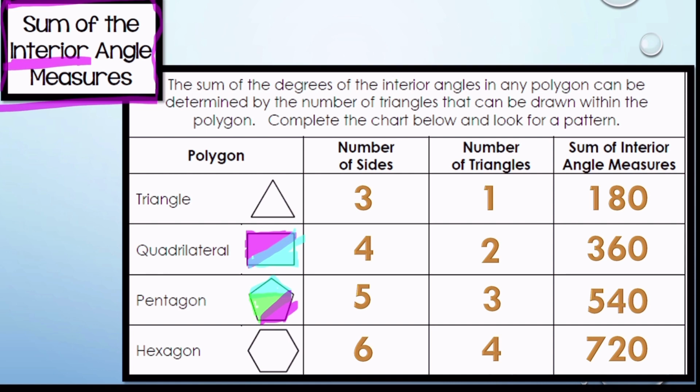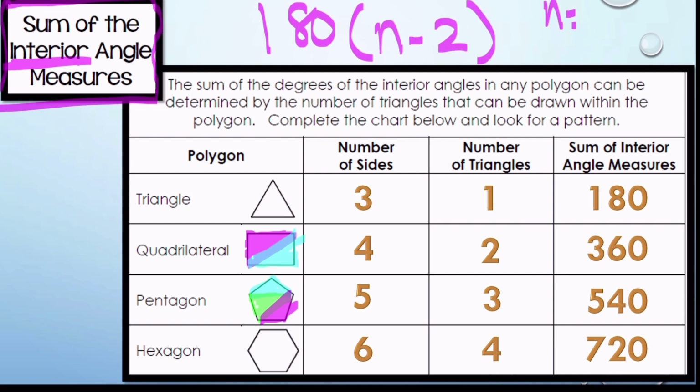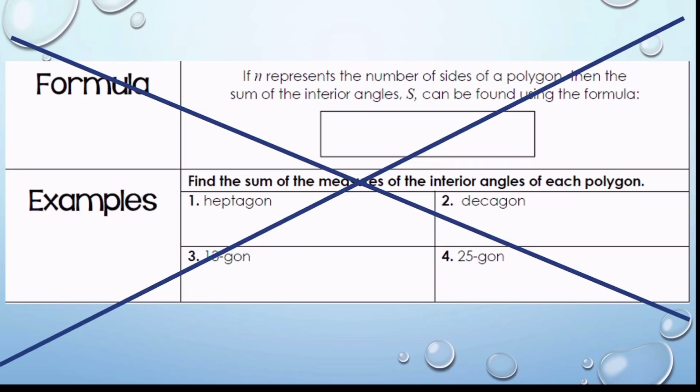So that is a formula: 180 times (n minus 2), where n is the number of sides. That is a formula that you're going to come across in geometry. We're not going to use it necessarily here, okay? This is a formula here, and you can cross this out. We're not going to go into it, but you will see it again. So it is good to be familiar with it.